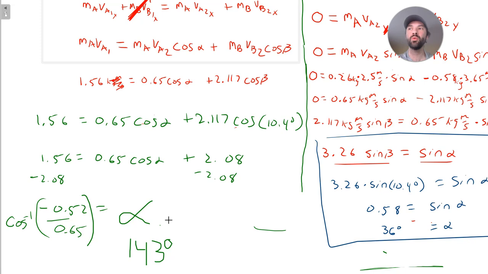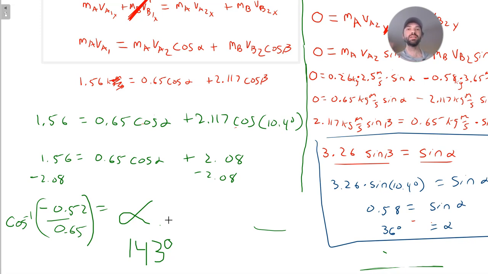Now, we rounded various things as we went, so you might say to yourself, wait a minute, sine of 143 degrees is not the same thing as sine of 36 degrees. They're very close. Again, it just came down to rounding. 144 degrees, 143 degrees, it just comes down to how you round.